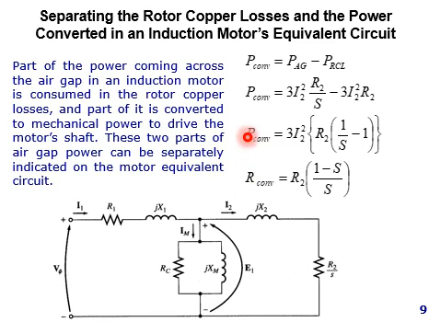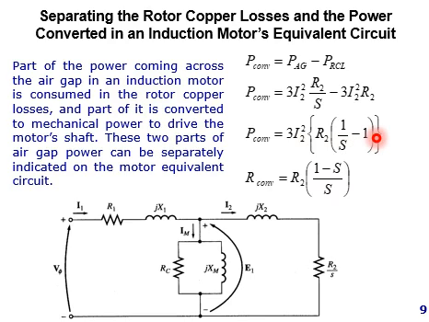So if these are the relations, by simplifying them we can get that P con is equal to 3 I2 square R2 (1 over S minus 1).